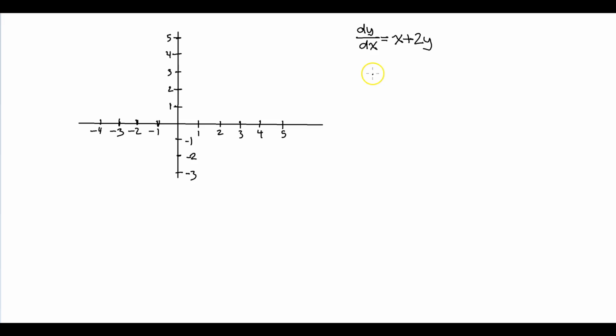So let's look at the case where x equals 0. If x equals 0 and y equals 0, then our slope here is 0. Now if x equals 0 and y equals 1, you have 0 plus 2 times 1, and that's 2. So (0, 1) has a slope of 2. Now if x equals 0 and y equals 2, you have a slope of 4.